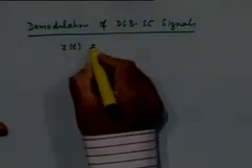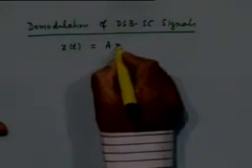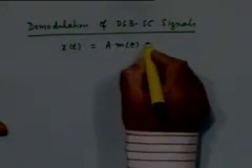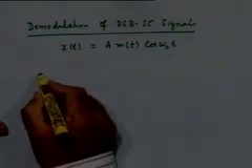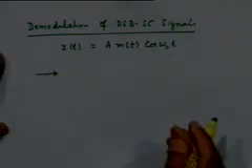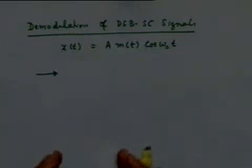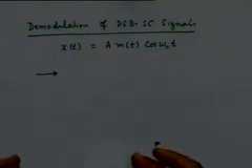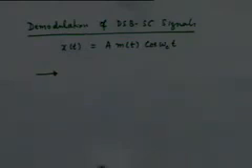The received signal x of t, which is equal to A times m of t times cosine omega ct, once again needs to be translated back. We have to go through a frequency translation process, so that we get a component around the zero frequency, that is a baseband component. Of course, in the process we will get a component around 2fc as well.